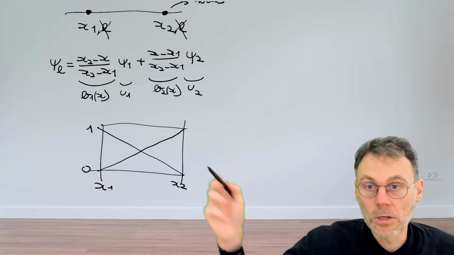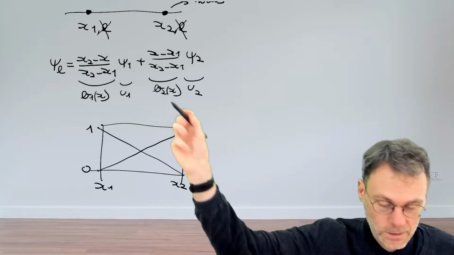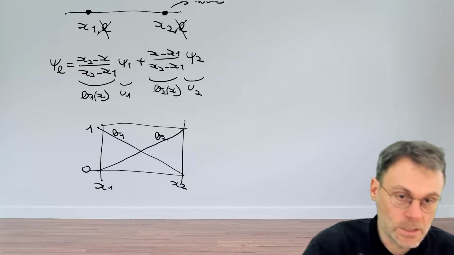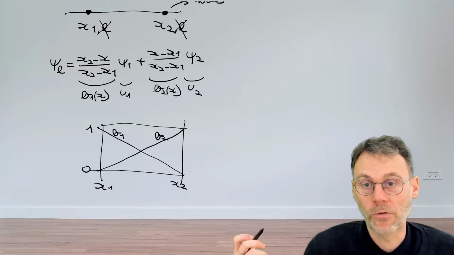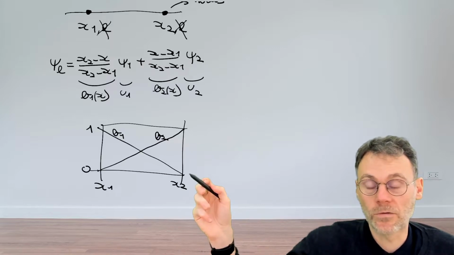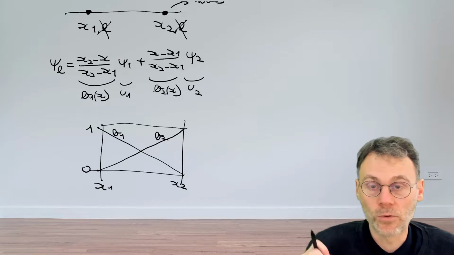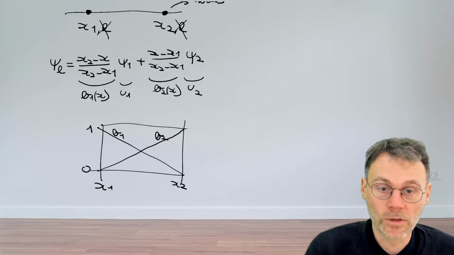So b1 has a minus x over there, so that's the one that decreases, and b2 is the other one. So these are the shape functions, the interpolation functions, or the basis functions, if we're working with linear interpolation between the values at the edges of the element.